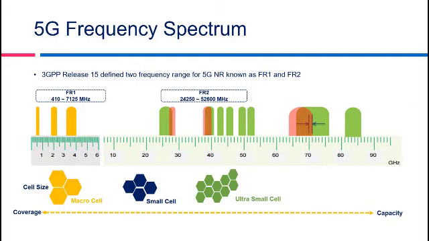FR1 is the lower frequency range, or we can say the lower bands, and its frequency range is defined from 410 to 7125 MHz.